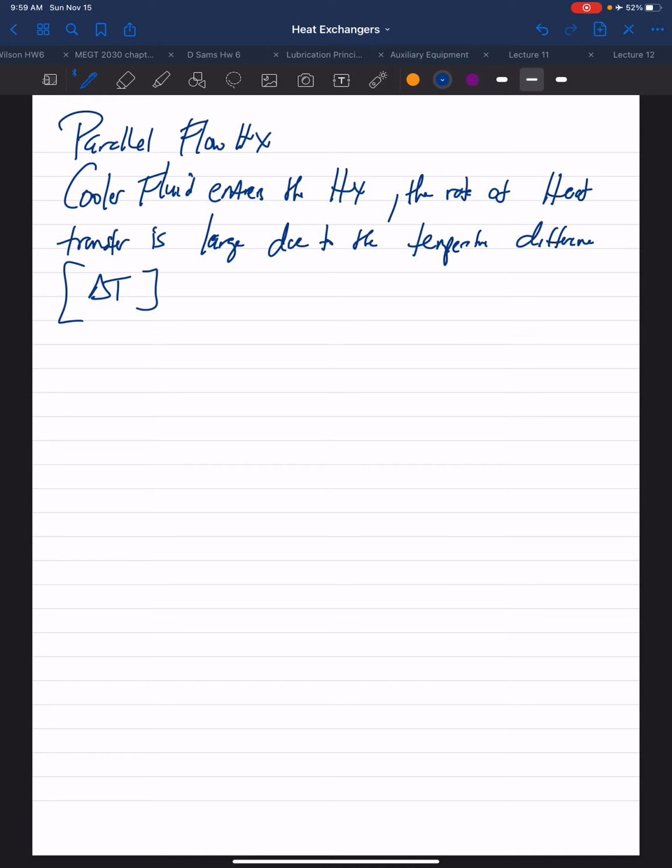Delta means difference. So as heat is transferred from the hot fluid to the cold fluid, the temperatures become closer together and their delta T becomes smaller. So in this case, we're talking about the delta T, the difference in temperature between the two streams or the two fluids.